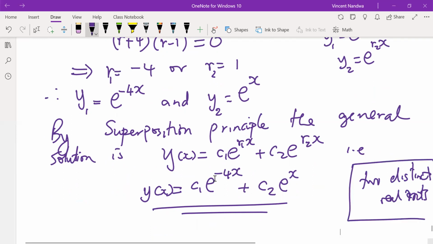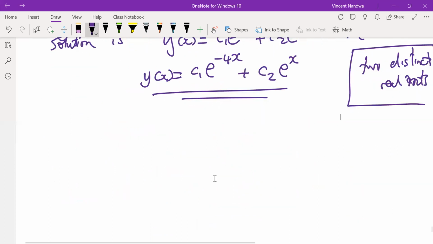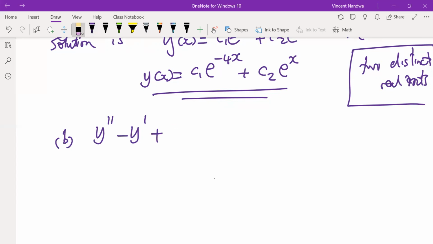Now, example 2, (b), we have y double prime minus y prime minus 2y equals 0.